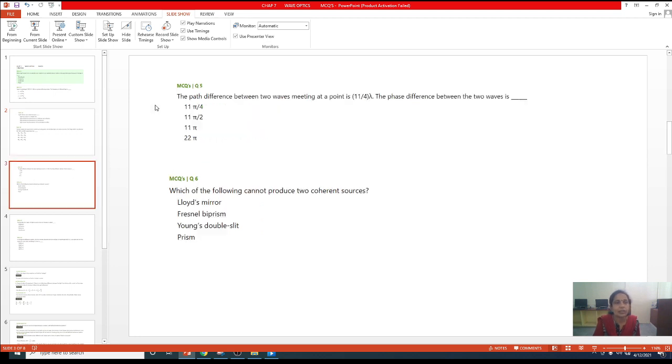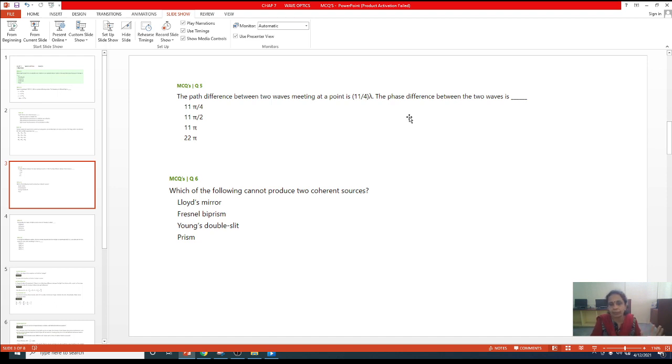Then next one, question number 5. The path difference between the two waves meeting at a point is 11 by 4 lambda. The phase difference between the two waves is 11 pi upon 4, 11 pi upon 2, 11 pi and 22 pi. Here you should know the relationship between the phase difference and path difference.